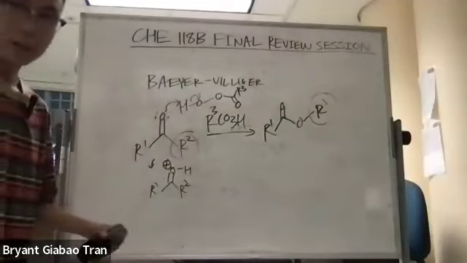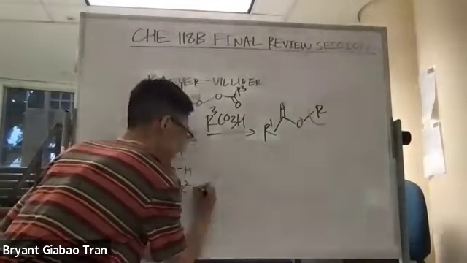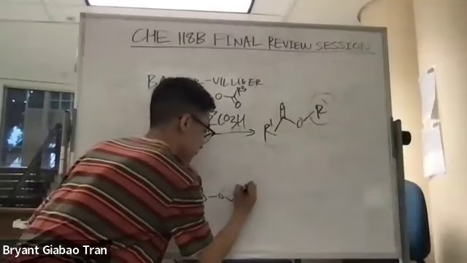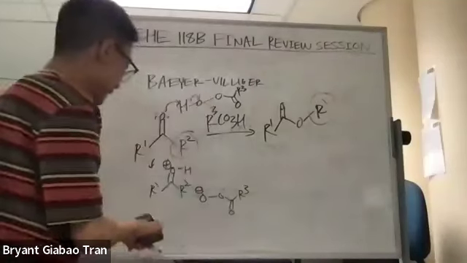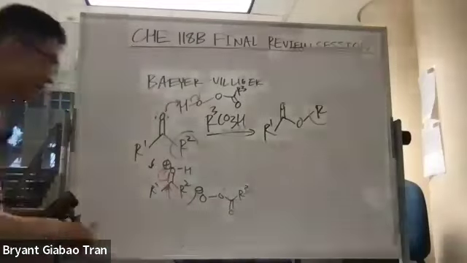Once that's activated, we can now use the conjugate base that got kicked out, with the negative charge, to attack this carbonyl carbon here and then pop the double bond onto the oxygen right there.